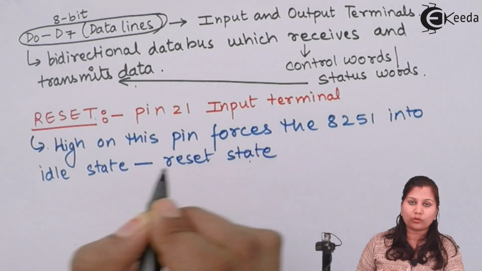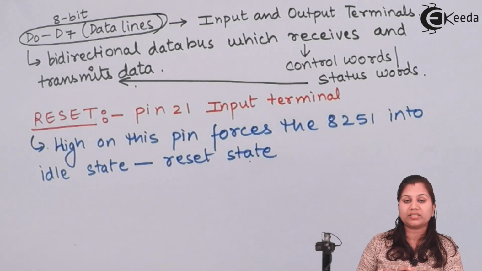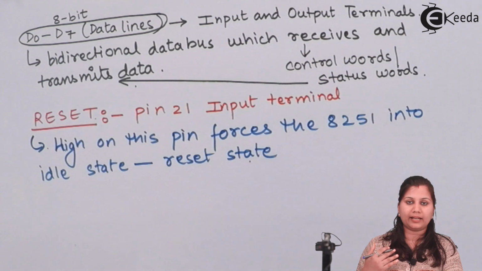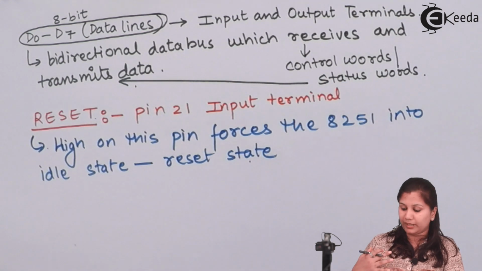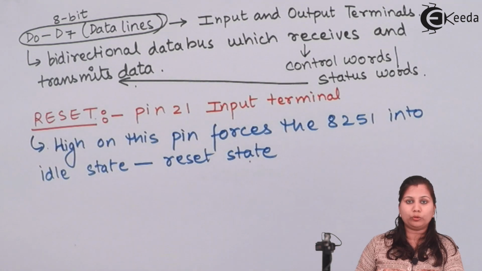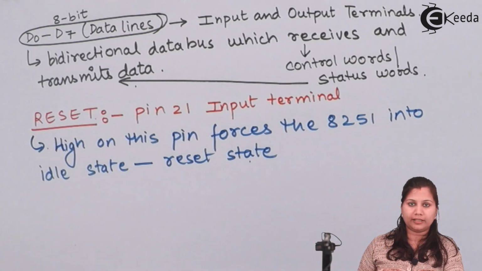Reset state means that all the control words, command words and status words will be cleared out, and the 8251 will come to its idle state. It is not going to perform any functions or execution, and it will come to its initial conditions.